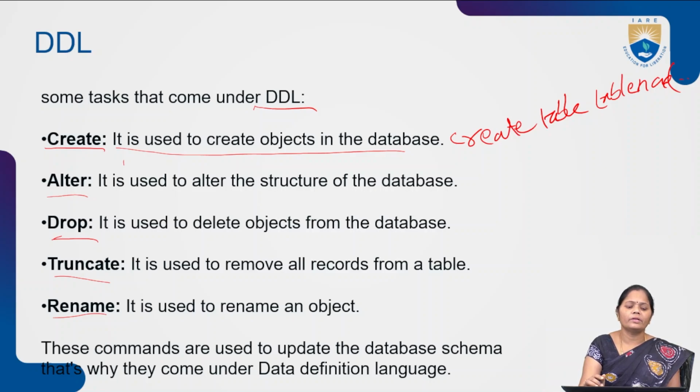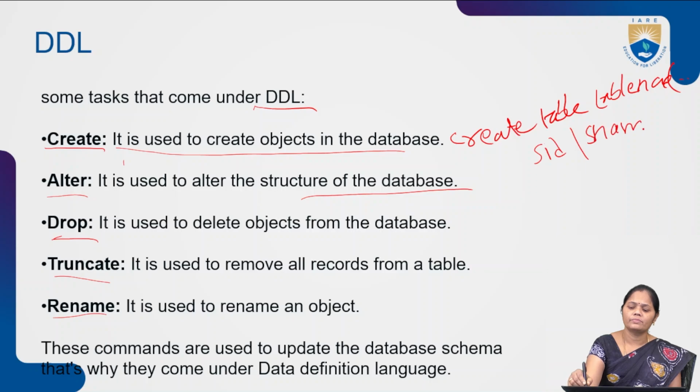Next one is the alter command. The alter command is used to alter the structure of the database. Altering the structure means modifying the structure of the table. For example, for the first time, I have created my table called student with the fields SID, SName, and age.